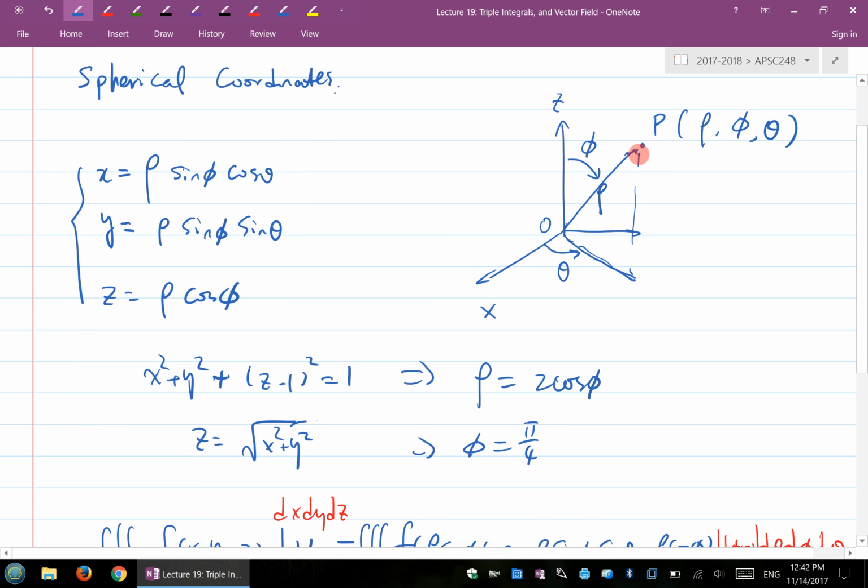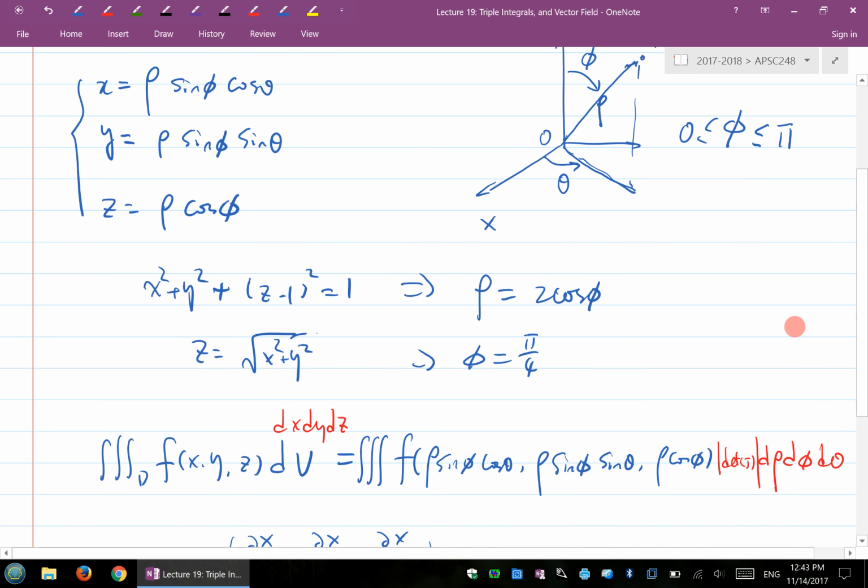If you recall from the previous lecture, we specifically said the phi angle is always between 0 and pi. The minimum is 0 and the maximum is pi; it cannot be beyond these two numbers.